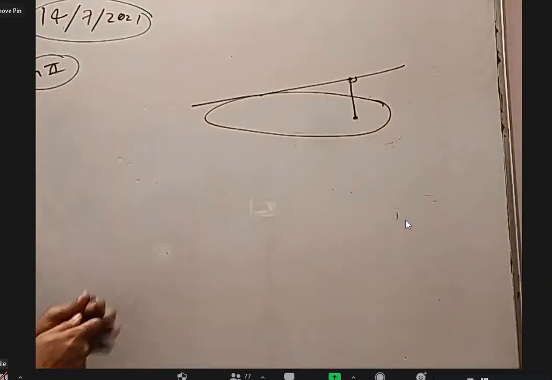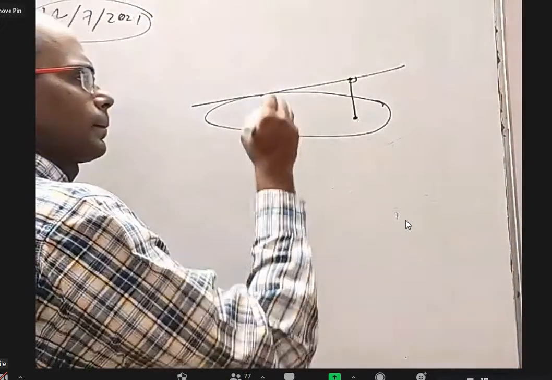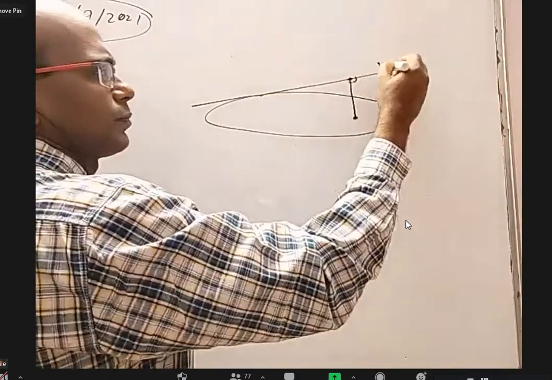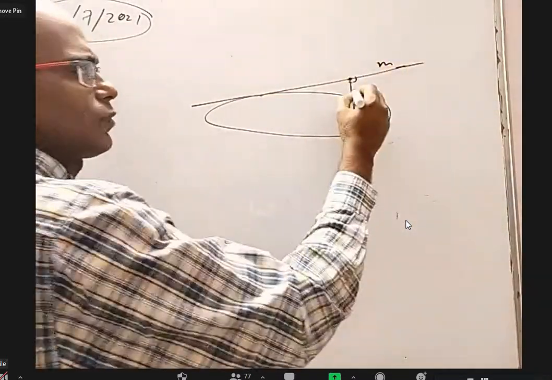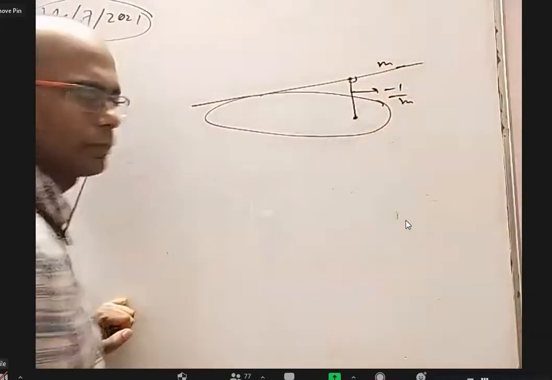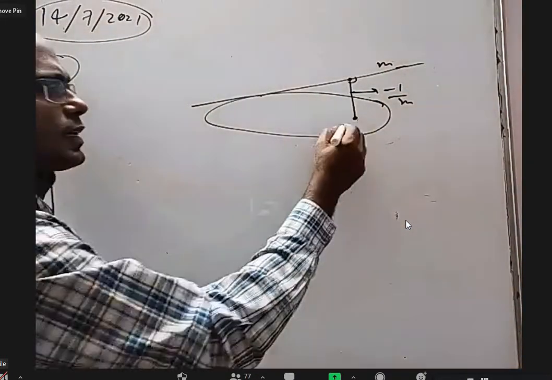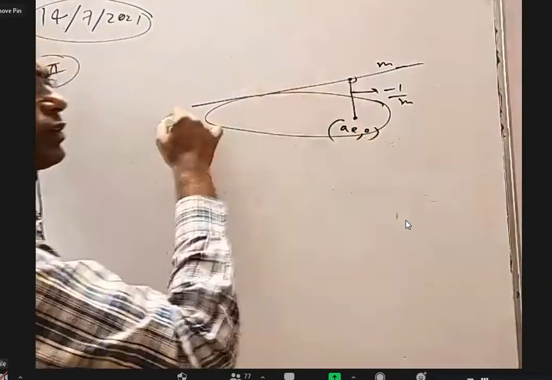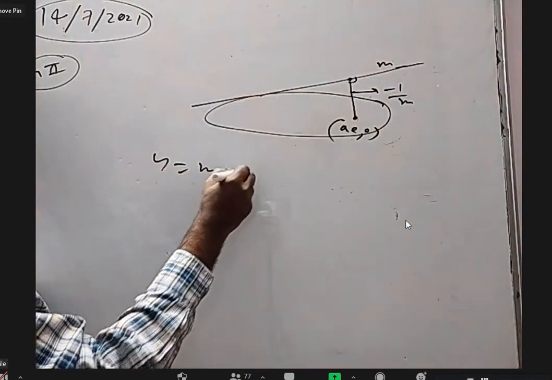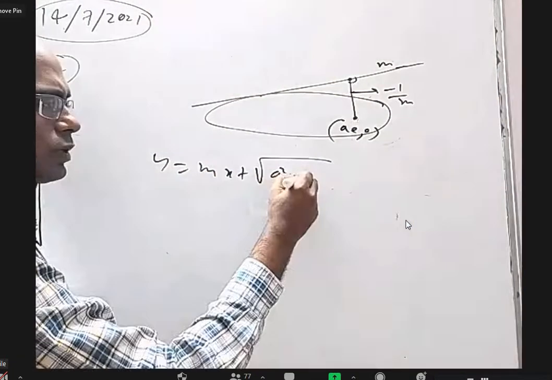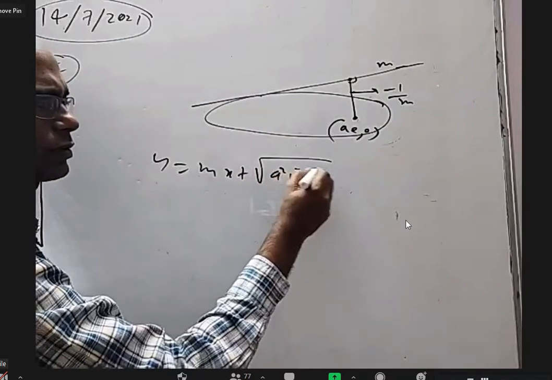But instead of that, I will take this slope as m. Then what is this slope? Minus 1 by m. This is (ae, 0). What is the equation of this line? y equal to mx plus root over a squared m squared plus b squared. You can take plus or minus also, not an issue.